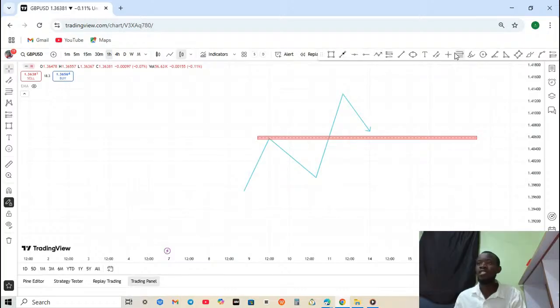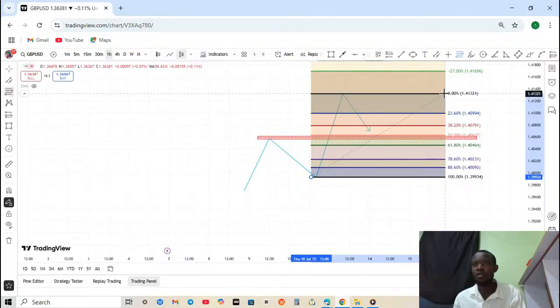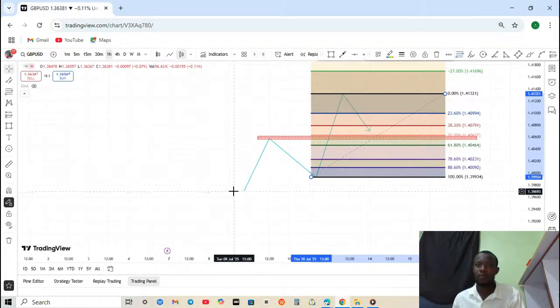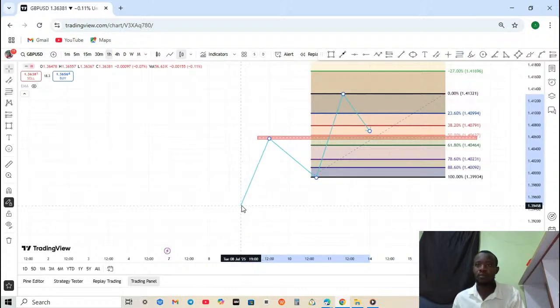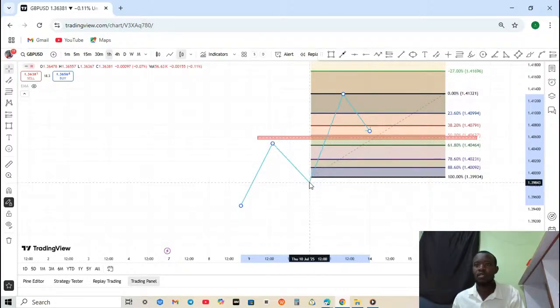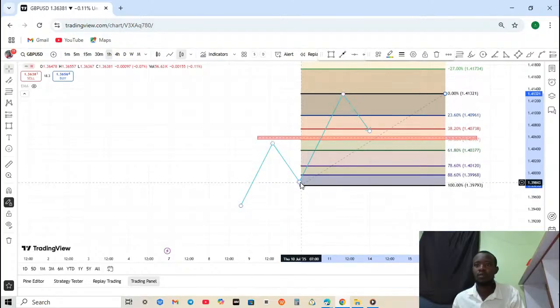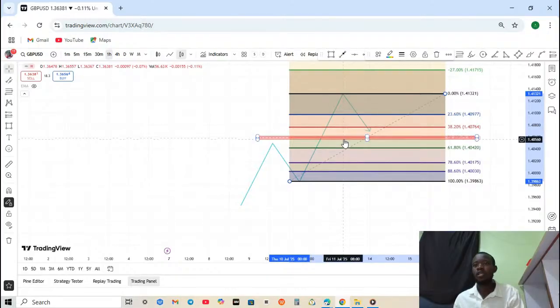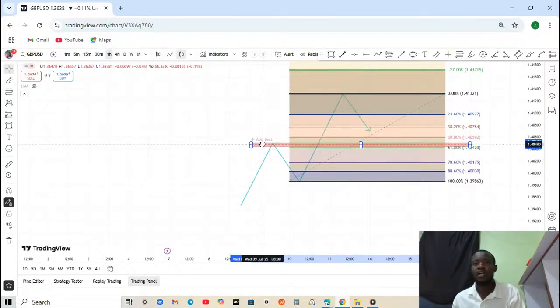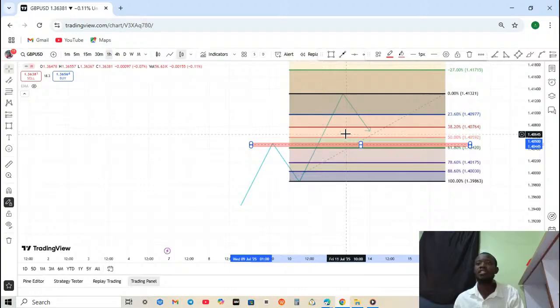So on my Fibonacci, in order to have a clear entry confirmation, my retest should be lying between, let's say, that's my zone. My retest lies between the 61.8 and 78.6.